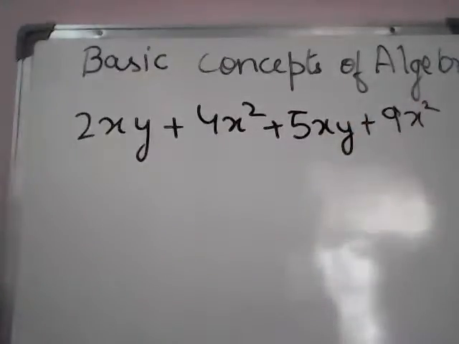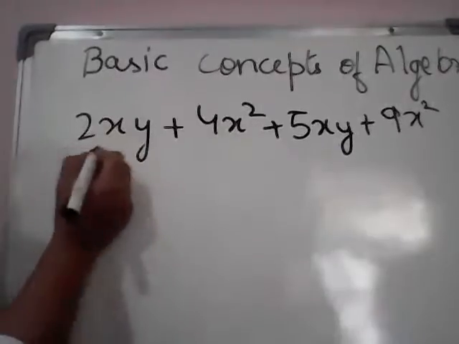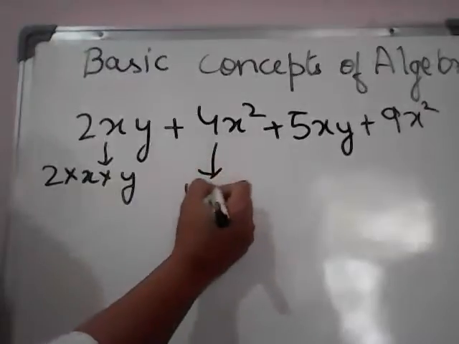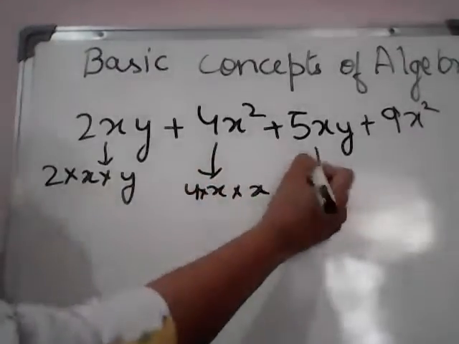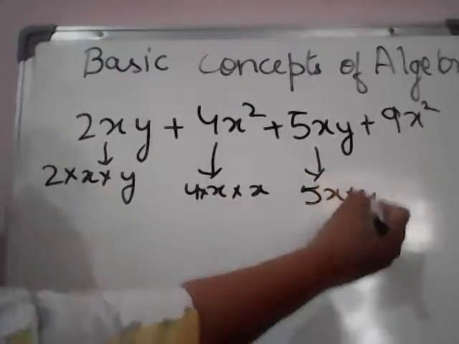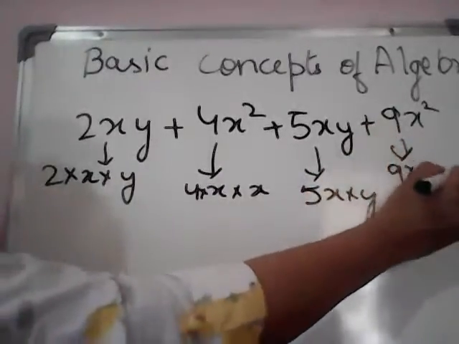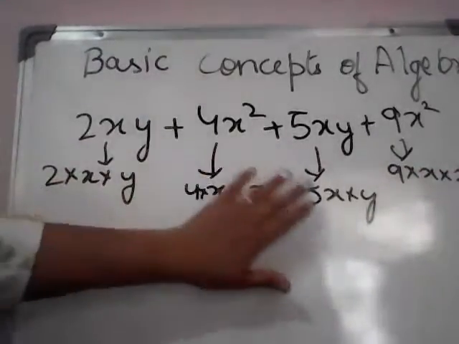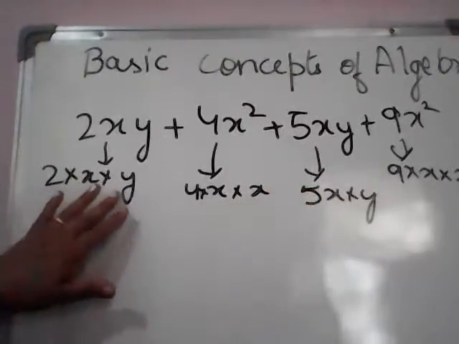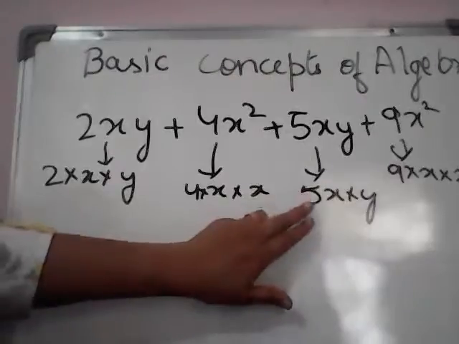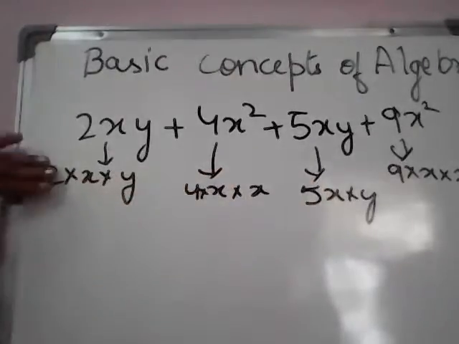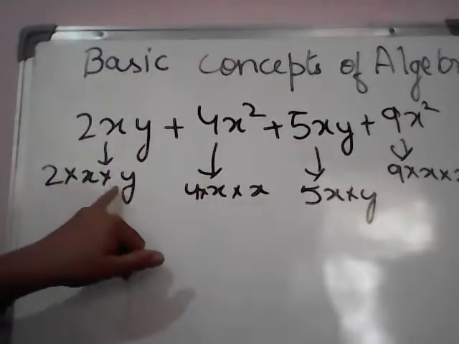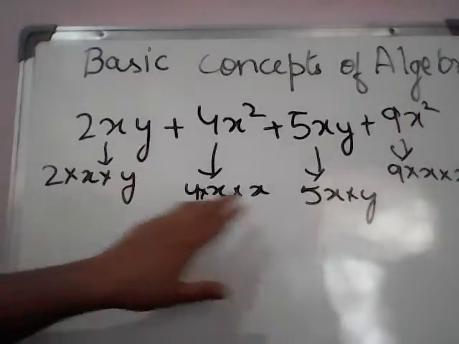This is an expression. Now if we split them, we can write the factors of these as different terms with different factors, and 9 into x. I told you like terms have the same factors. Like here we see x and y. We will ignore the numerical part, this 2 and 5, we will not consider. We'll just see the variables. If they have the same variables, then they are like terms.